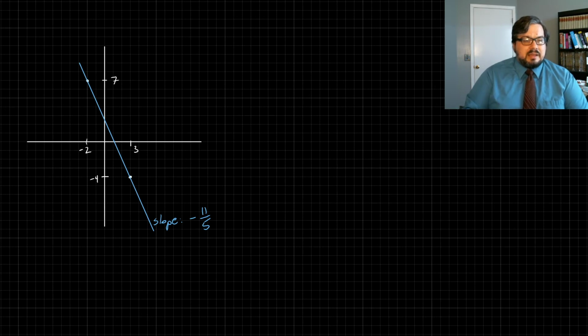So let's take one that looks like the following. Let's take one that goes through the point -4, 0, and through the point 3, 3. Let's take this line.